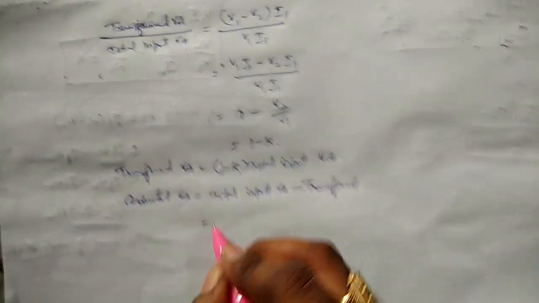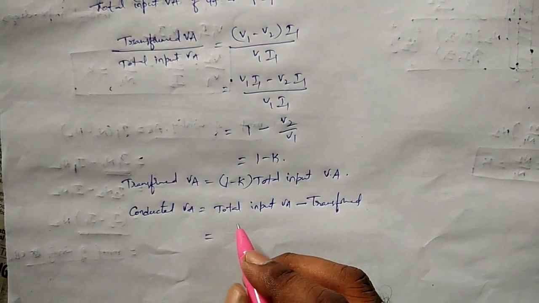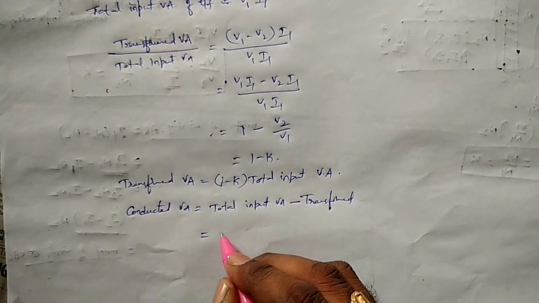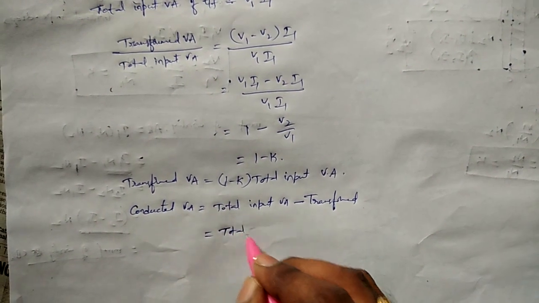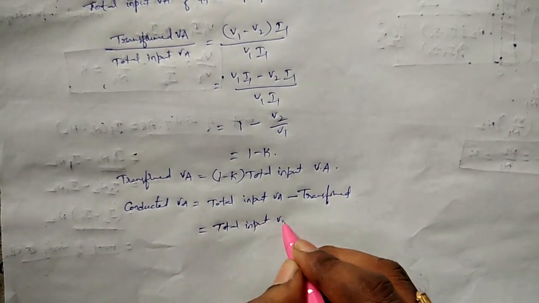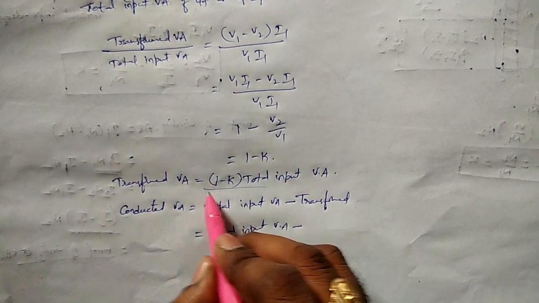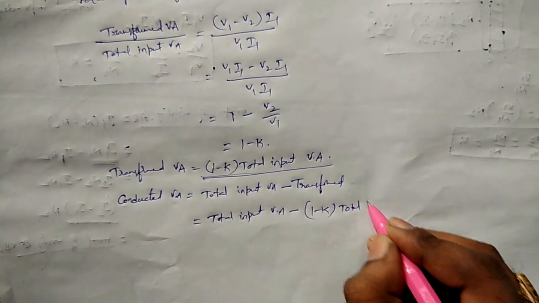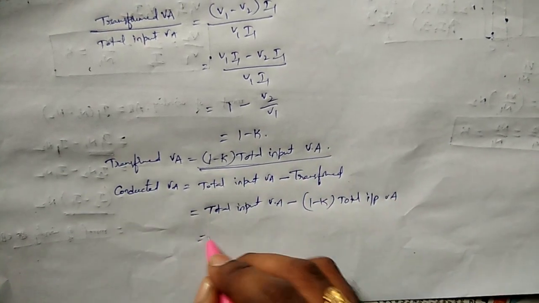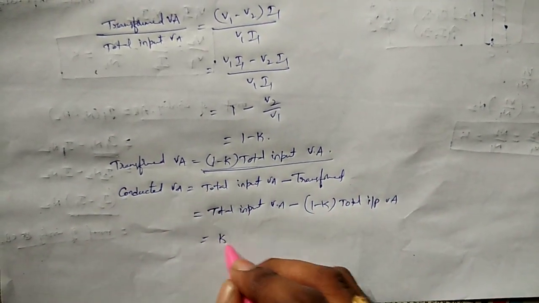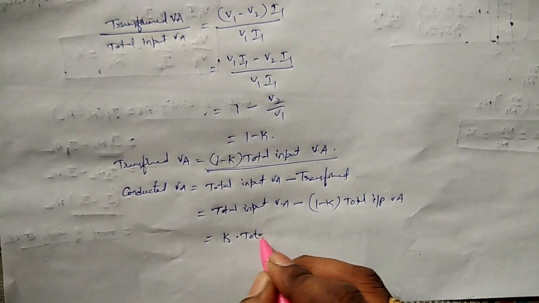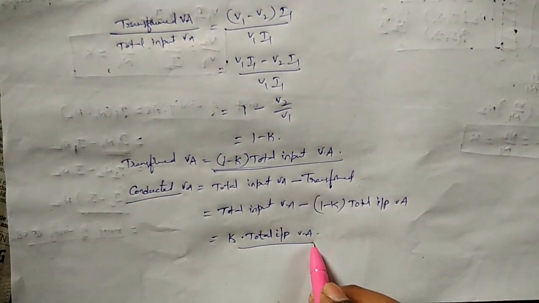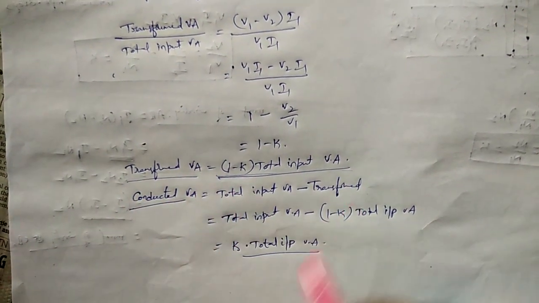Is it clear? Total input volt amperes minus transformed is nothing but 1 minus K into total input volt amperes. If you solve this equation, you will get K into total input volt amperes. So this is the conducted volt amperes and this is the transformed volt amperes.